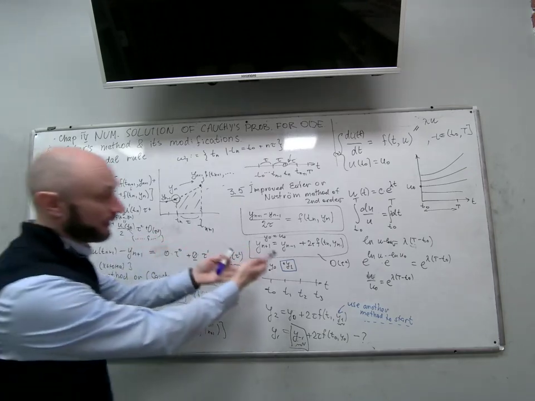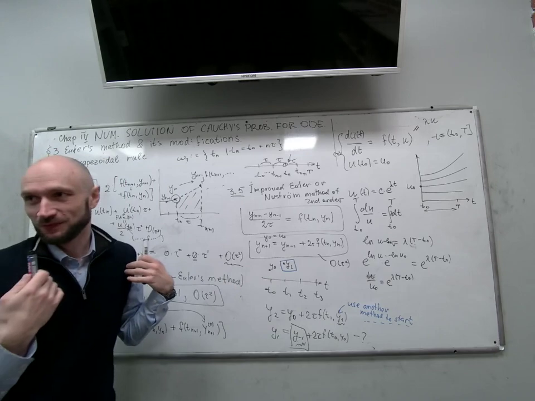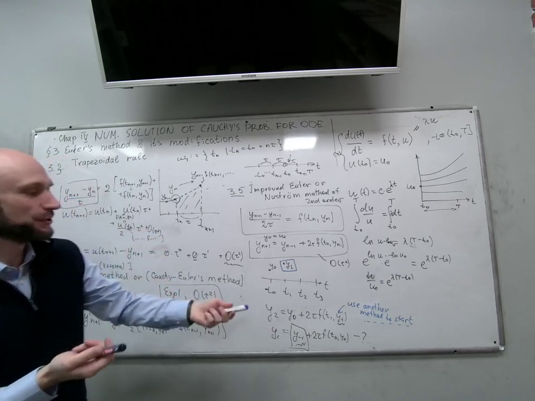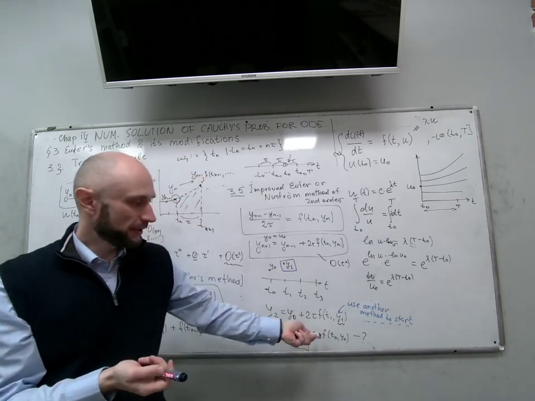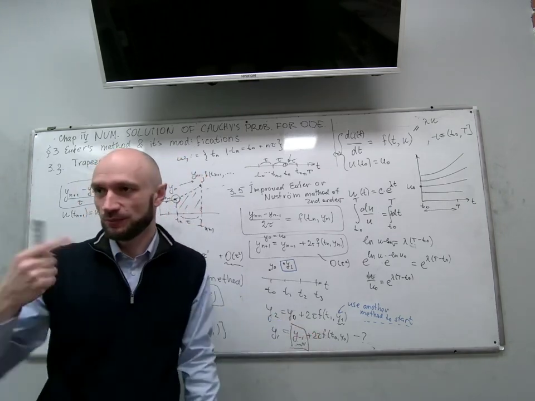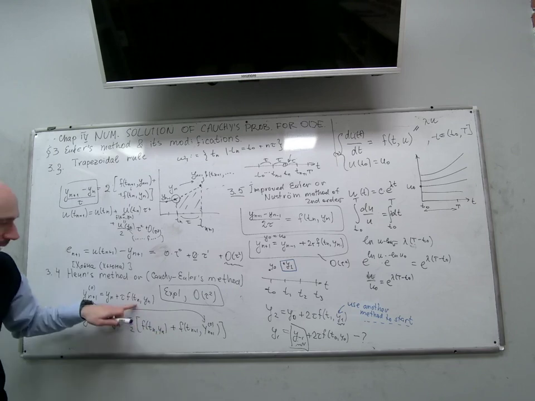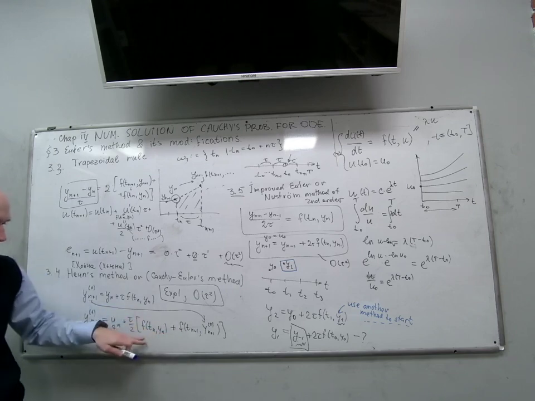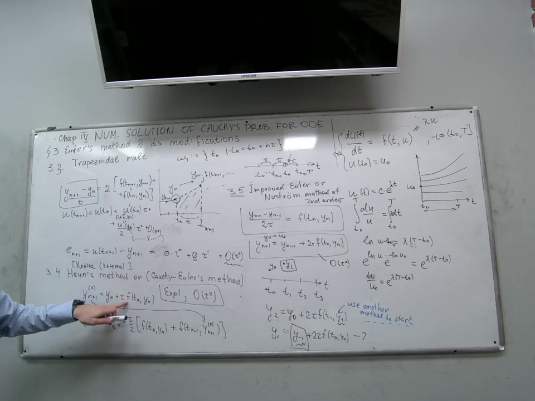But if you find a way to start, you gain accuracy for nothing, because you need to calculate your function on the right-hand side only once per step. Only one calculation of the function. Here, for example, you had to calculate this f how many times? 1, 2, and 3.